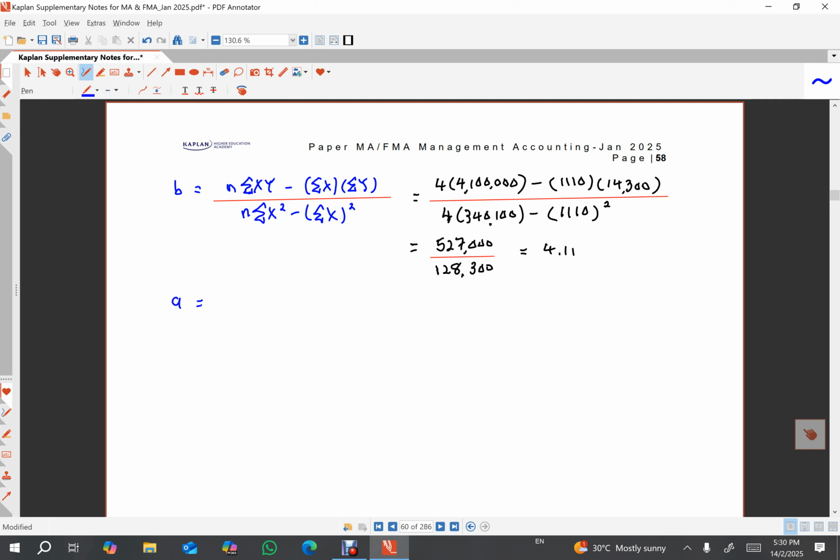Then A is the summation of Y over n minus B times the summation of X over n.